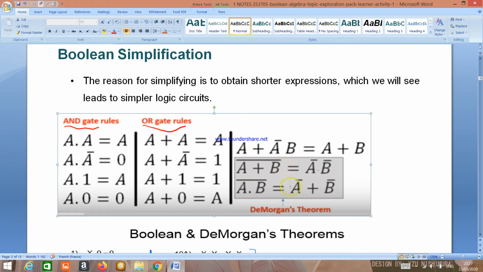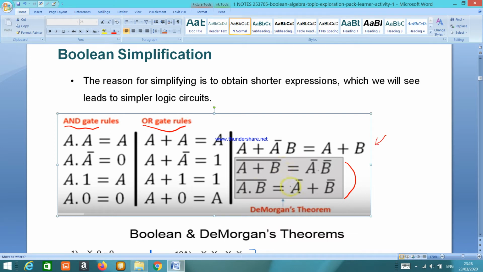Then we have the OR rules: A plus A is A, A plus A dash is 1, A plus 1 is 1, A plus 0 is A. And also we have De Morgan's law, these two are De Morgan's law.